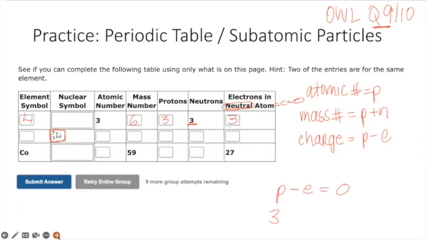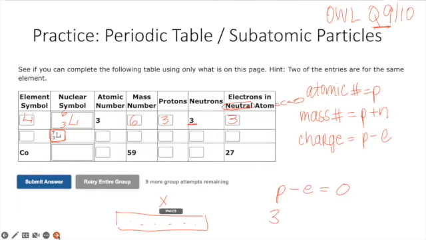So if I wanted to fill in this nuclear symbol, right? Lithium. On top is the mass number, which we already filled in, 6. And then on bottom is the atomic number, 3. So when you're putting this into OWL, you click on it and it brings up a box of all kinds of little choices.